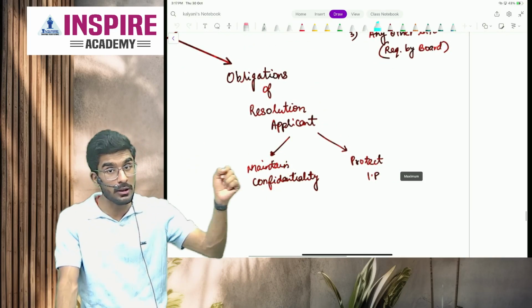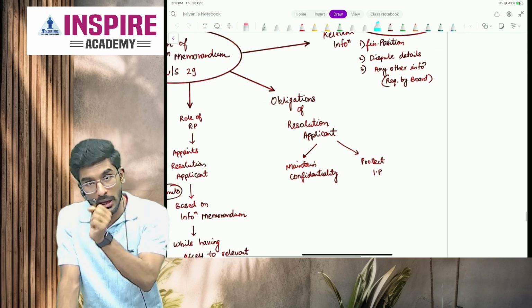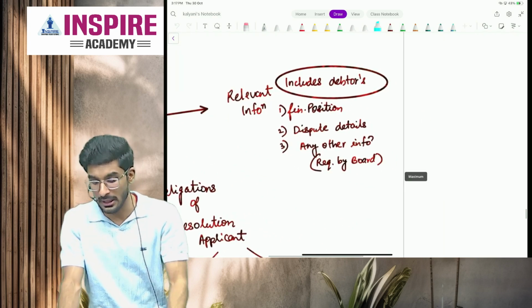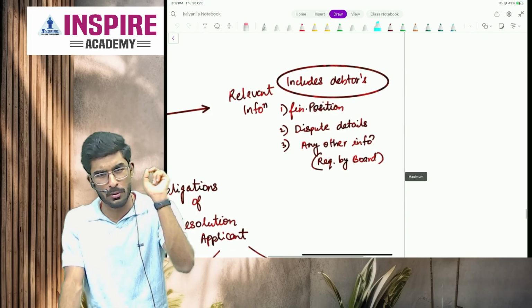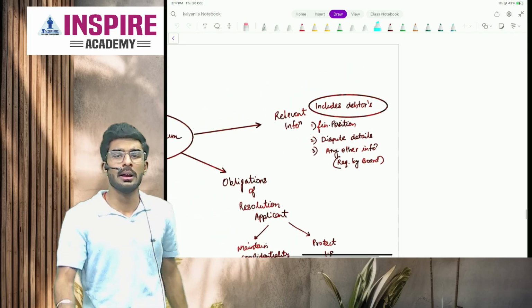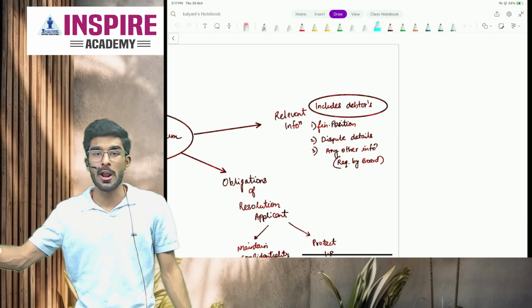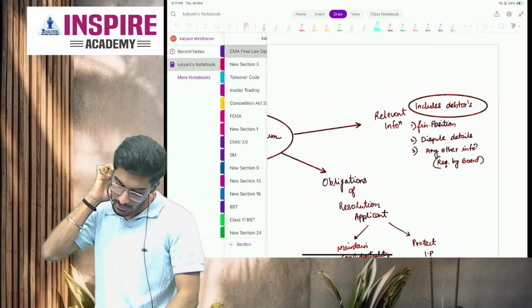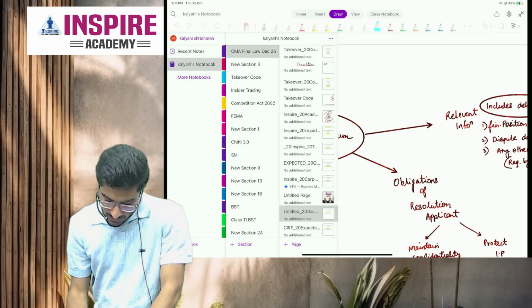To maintain confidentiality and to protect intellectual property. And last is relevant information, which includes data, financial position, disputes, or any other relevant information as required by the Insolvency and Bankruptcy Board of India. People, are you finding it very easy? Yes or no?